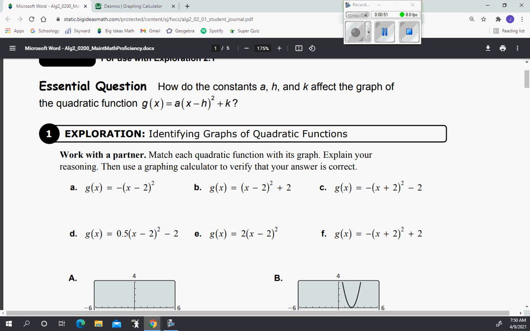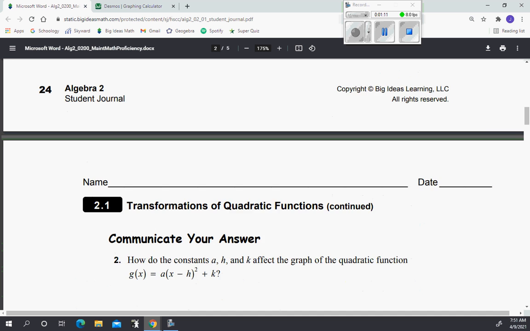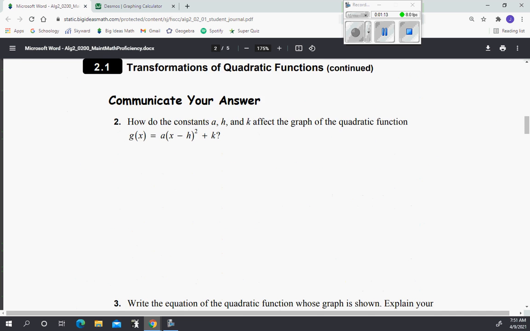The quadratic function has to do with this type of equation, and we talked about this in chapter 1. Every bit of that equation has something to do with moving the graph. And we're going to go down here first, and we'll go back up.